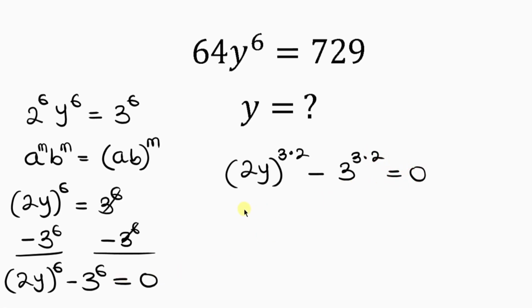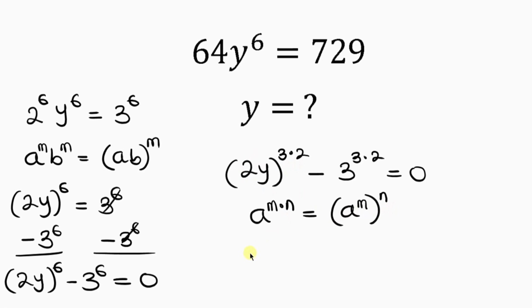Very good. Now our next step will be for us to apply the law of indices, which says when I have, for example, a to the m times n, this is the same as a to the m and then raised to the n. So we're going to write this in this form.